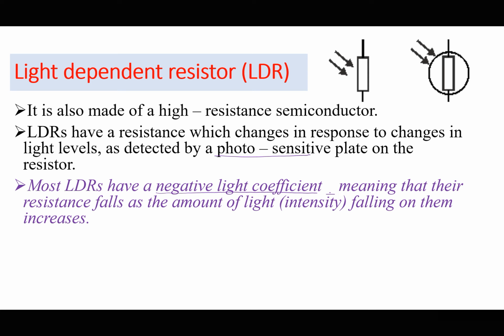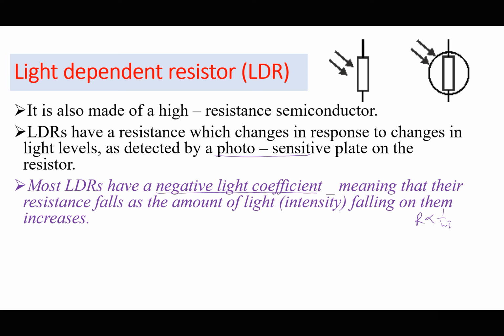That's what qualifies them to be negative coefficient. Their resistance decreases as the light intensity increases. So resistance is inversely proportional to the light intensity for the LDR. That's why we are going to call them negative coefficient.